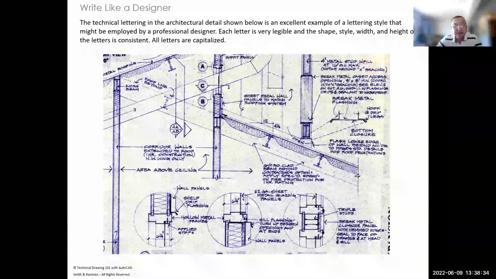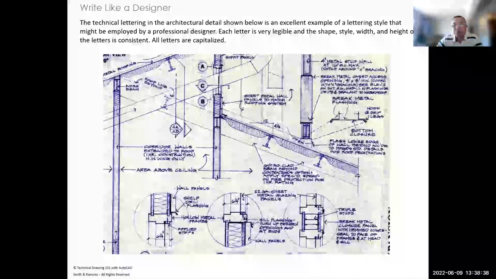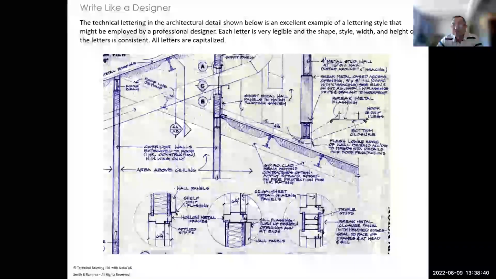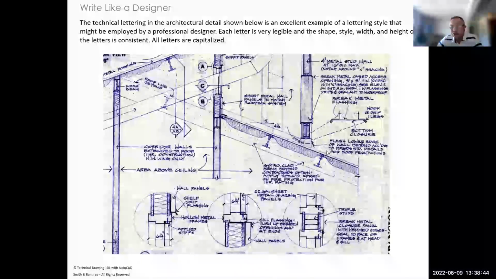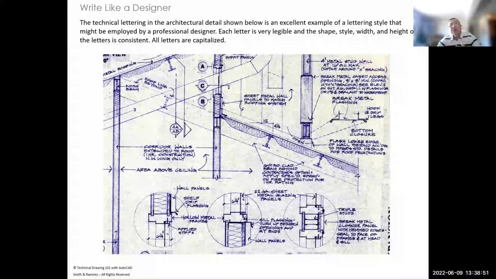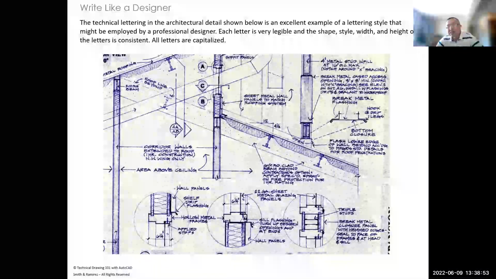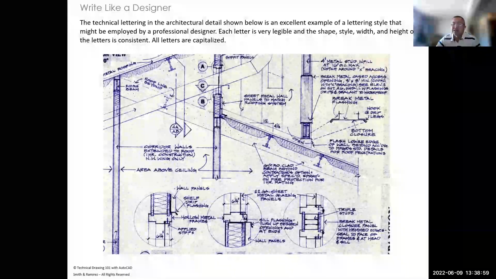See here, all those letters and numbers are done professionally, very nice. First of all, this is a requirement. Technical drawing is very serious. Our numbers need to be accurate, and we need to write them down very nicely, very legible, so any other person wouldn't have any problem understanding.